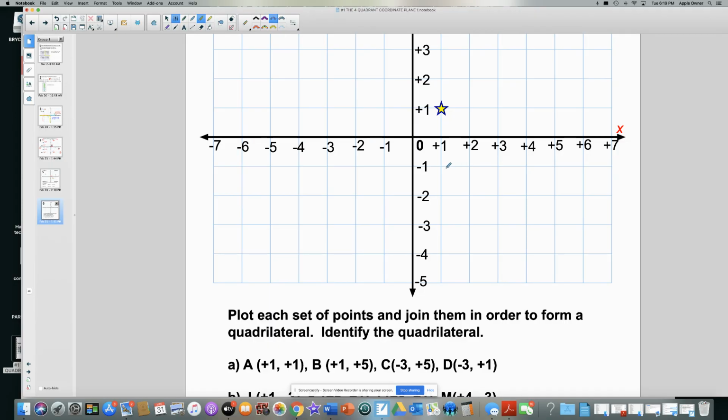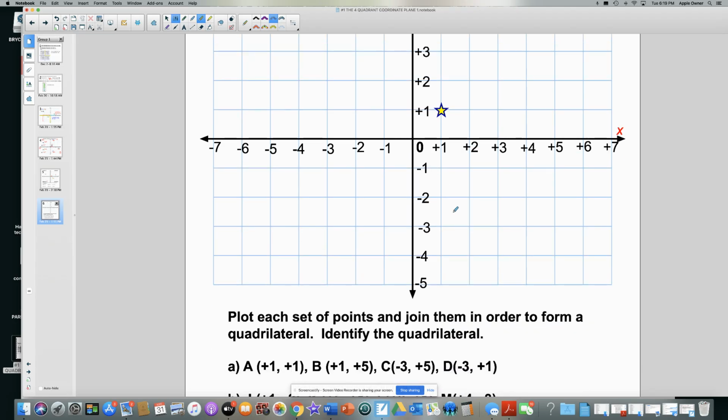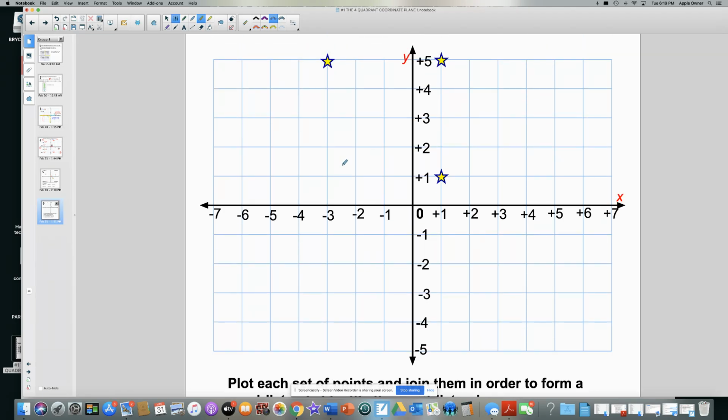C is -3, +5. And D is -3, +1. Well, you can see that when we put that together and we connect the dots, we should have, there we go, we have ourselves a rectangle.